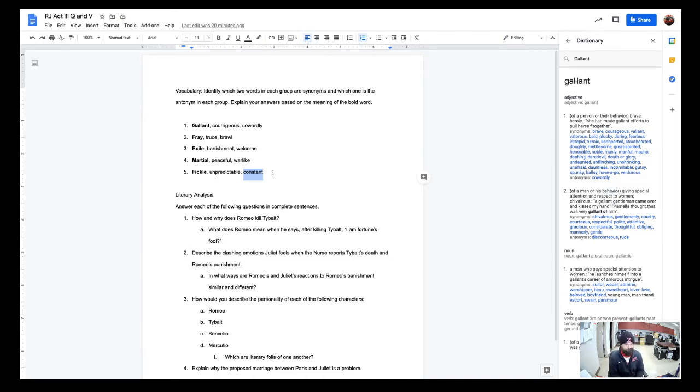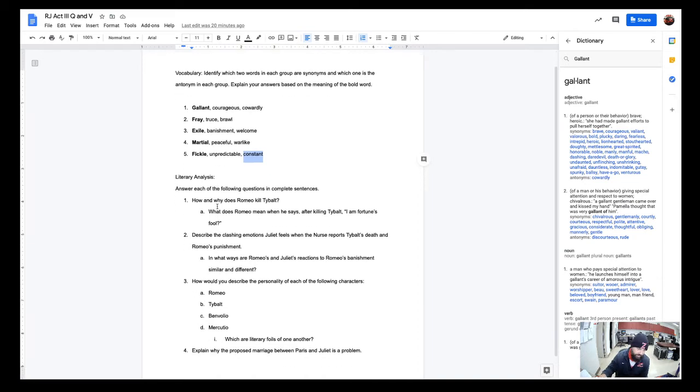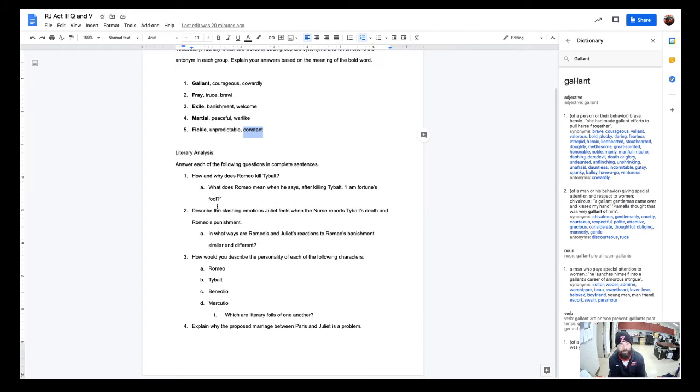All right, for the literary analysis questions: how and why does Romeo kill Tibble? Let's back up and actually look at the instructions here, because we've been kind of slacking off on this complete sentence thing. We're supposed to be answering these in complete sentences, and we're also trying not to use rhetorical answers.